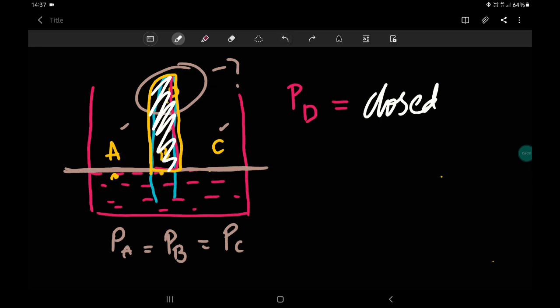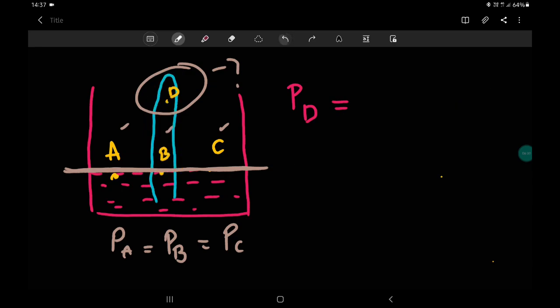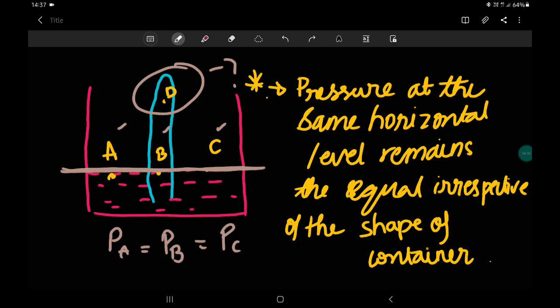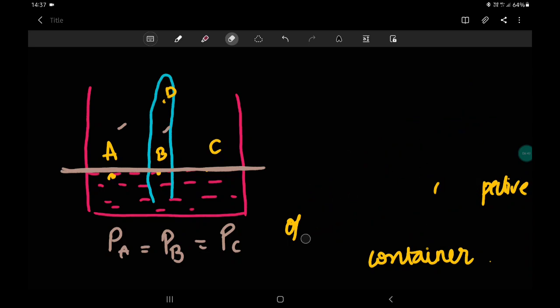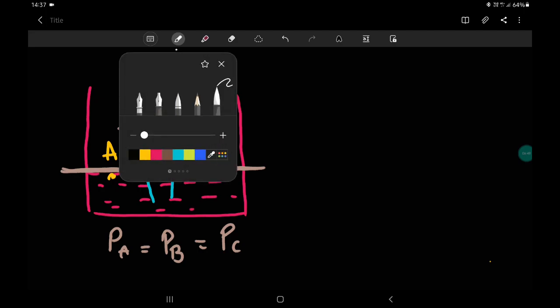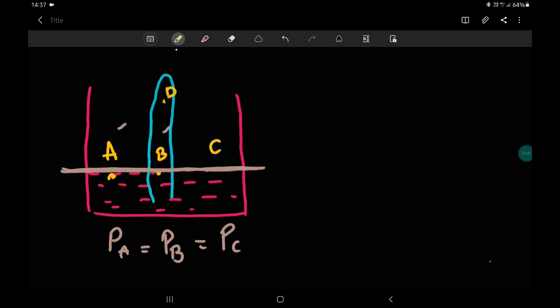But now there is one relation which we can find between the pressure at D and the pressure at C, A, B. Suppose this is your horizontal level.